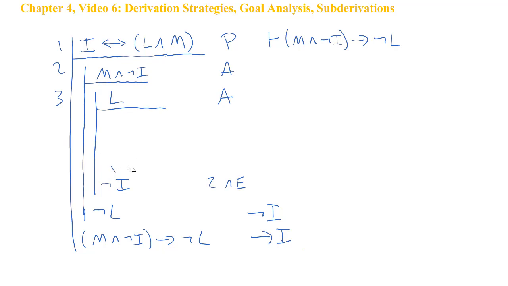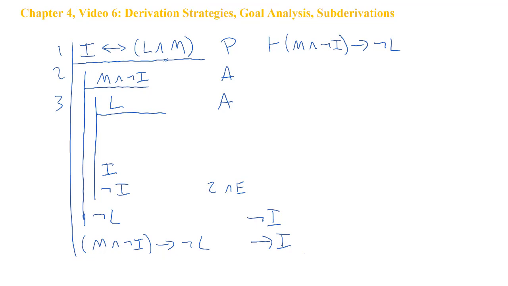What that now means is that we want to try to get to I from lines 1 through 3. Seeing how I is the left-hand side of a biconditional, if I can get this piece here, the L and M, then I can use biconditional elimination to get my I. So that is to say my new sub-goal is to get L and M.